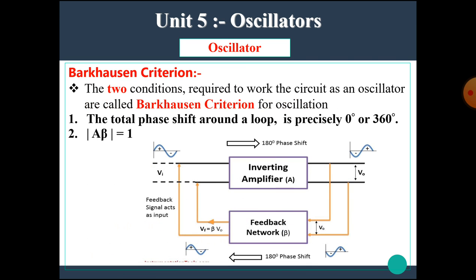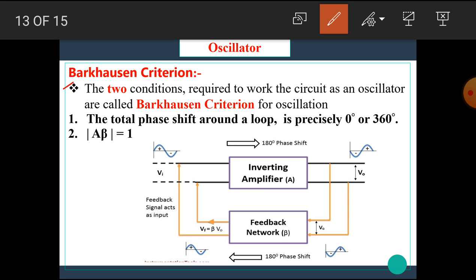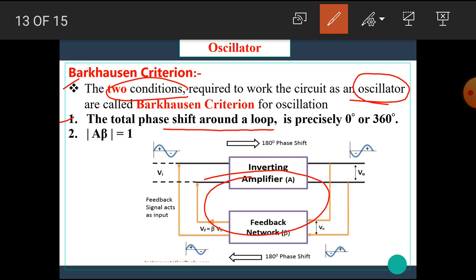Any electronic circuit can work as an oscillator if it satisfies the two conditions. The first is that the total phase shift around a loop is precisely 0 degree or 360 degree.